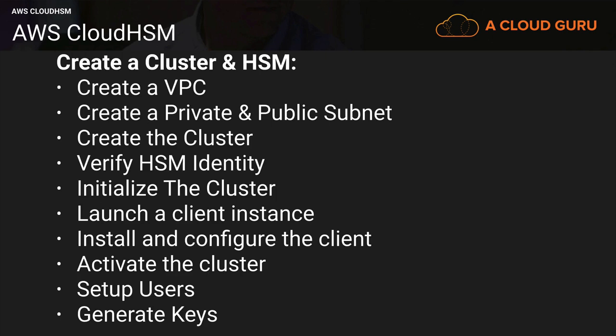We're then going to activate the cluster. We're going to set up a whole bunch of users, which I will run you through in a little bit, and then we're going to generate our keys. Once we've got our keys, we're going to export them and use them as our public key for EC2, and then we're going to see if we can log in using that key. So it's extremely hands-on. If you've got the time, please join me in the console.